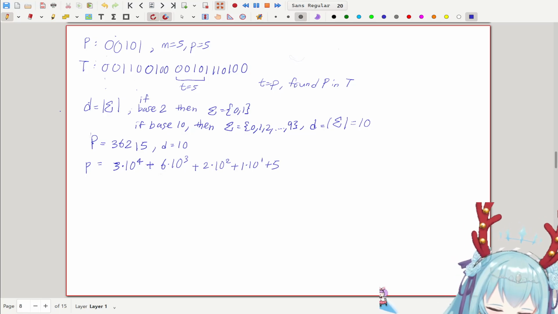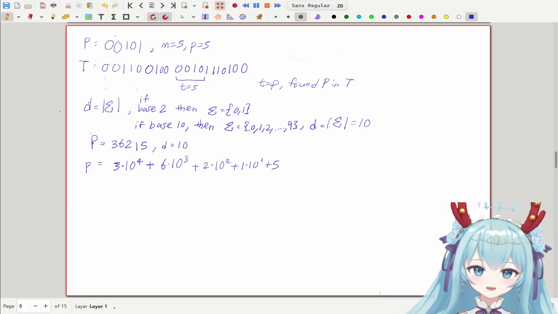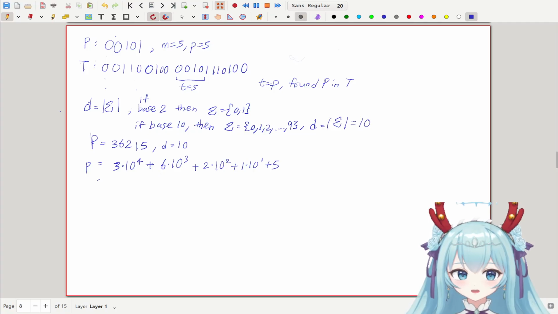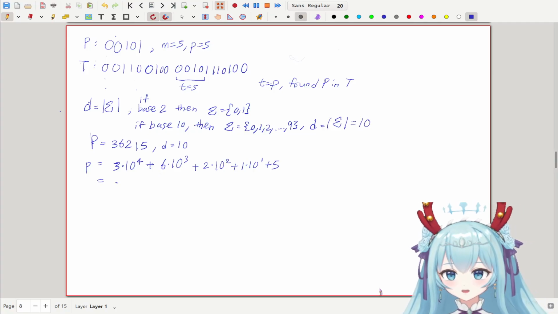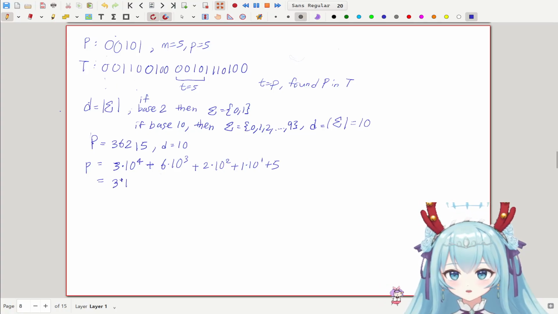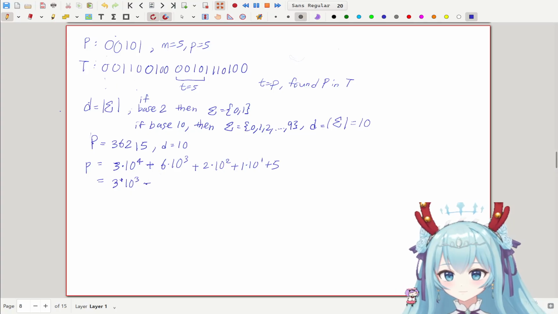Okay, and what we are going to do now is rearrange it such that we can effectively calculate it using a for loop, and you'll see why. So what we do is we factor out the tens a bit at a time.